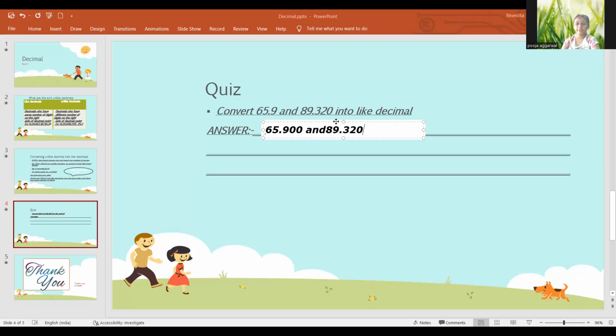Now there are the same number of digits on the right side of the decimal point. As I said, we can insert any number of zeros after the decimal point. You can insert n number of zeros after the decimal point. So now they are like decimals, because after the decimal point there are the same number of digits. Here also 3 digits and here also 3 digits.